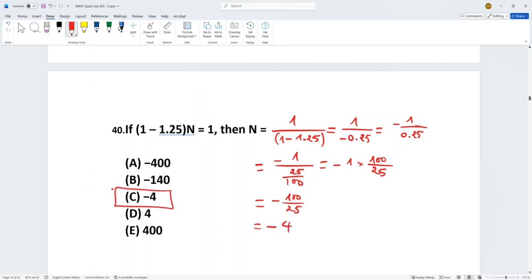The correct answer is answer C, minus 4. So that's how you can solve this specific question.